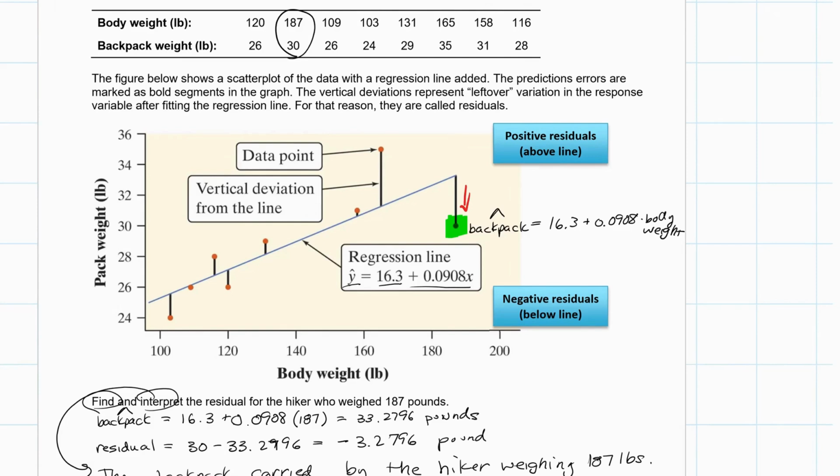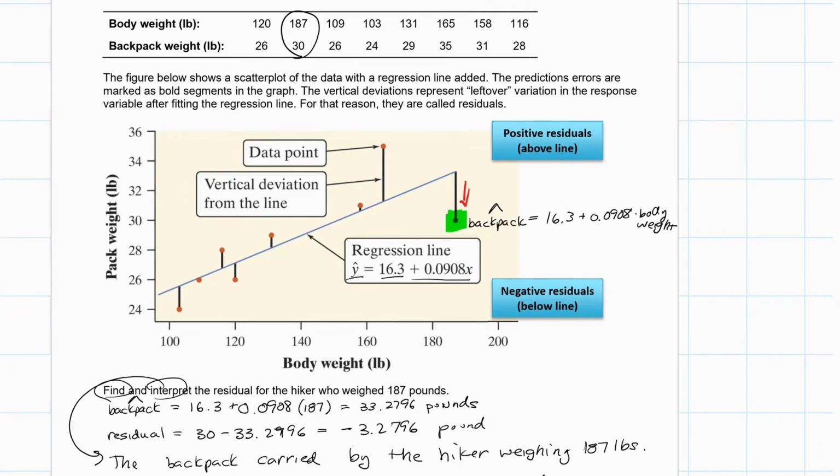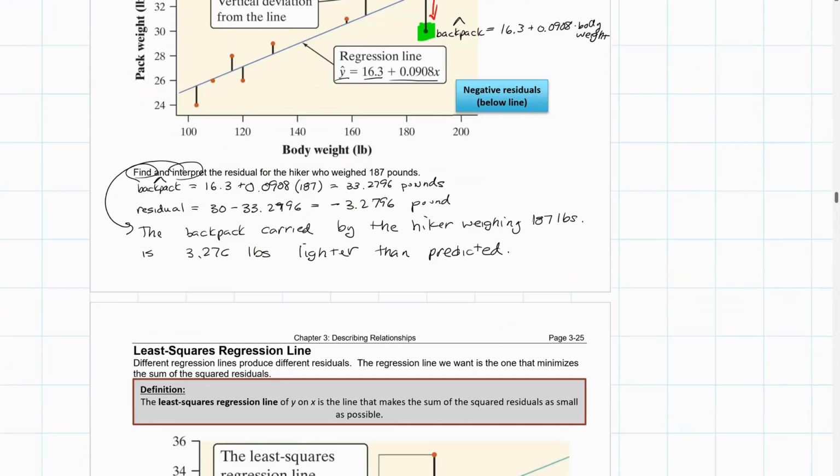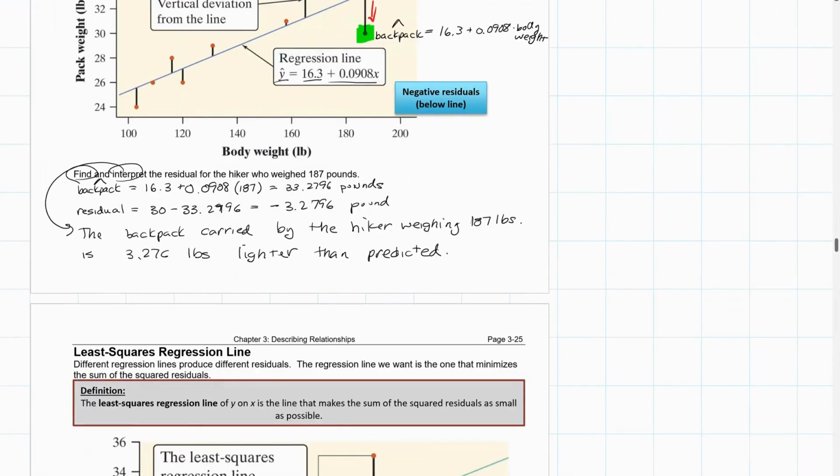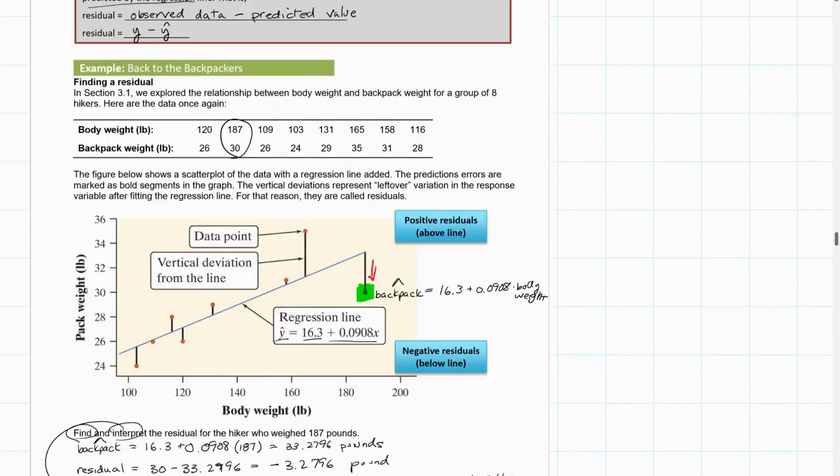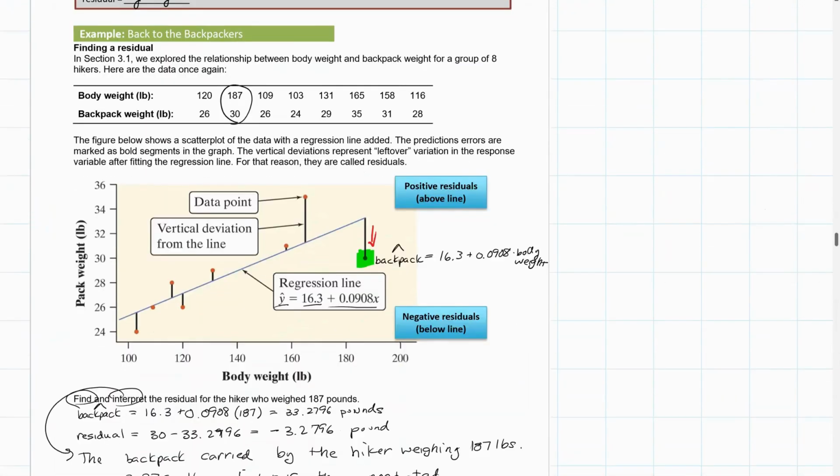And that's our interpretation. And that's where we stop for part one of this lesson.